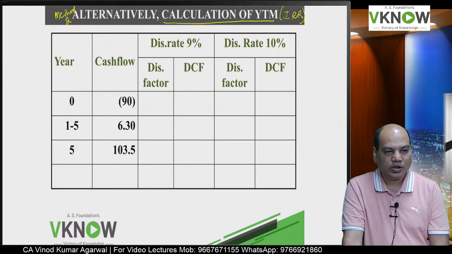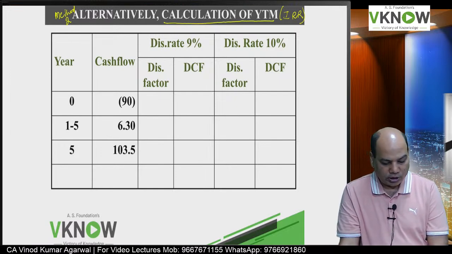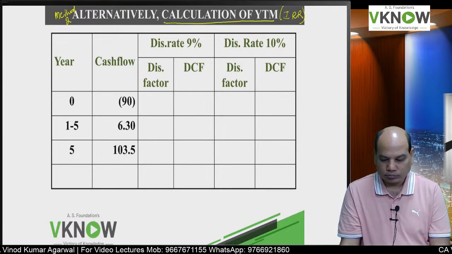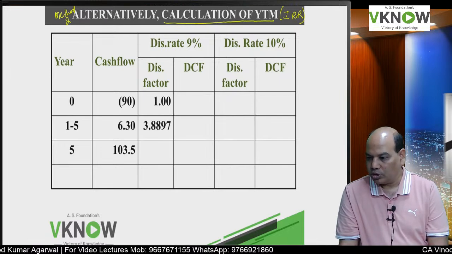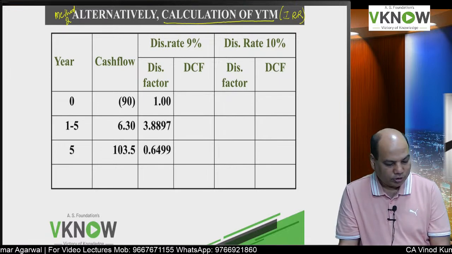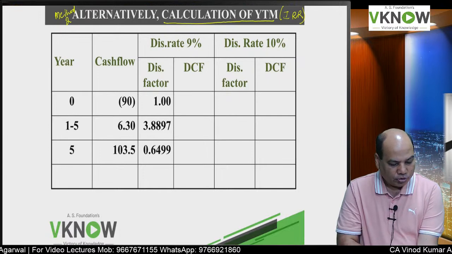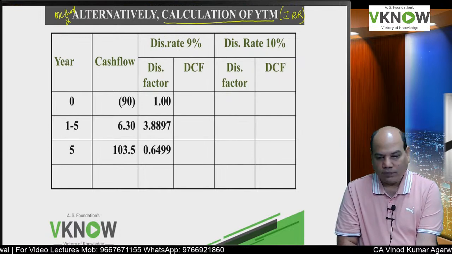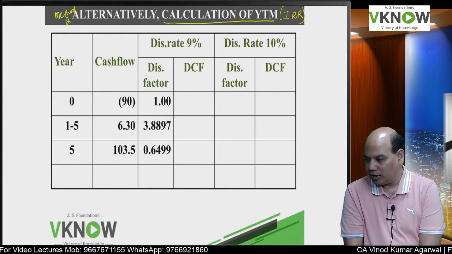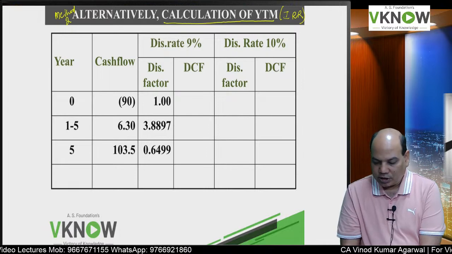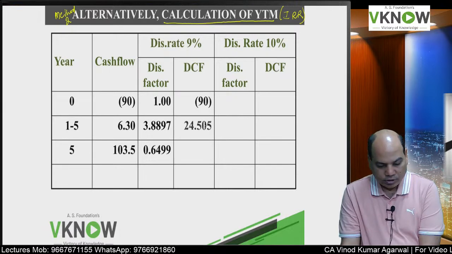So with that, solve now. The factors we have already calculated in question number 20, so you can just copy from there a little fast. Multiply cash flow and factor. Take the total.